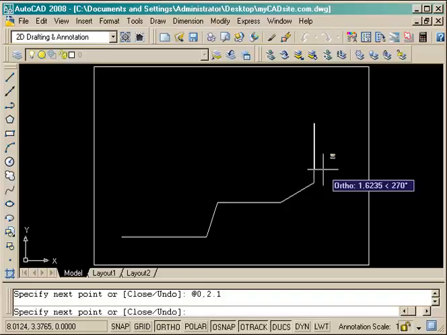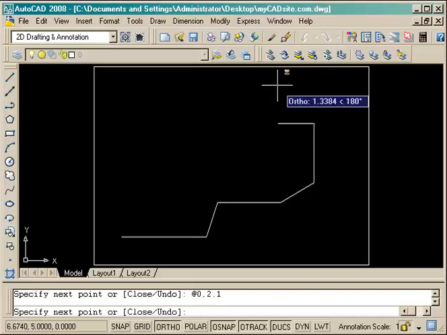Now for the next angle, I can start at the line I'm already at, which is at 270 degrees, and go around clockwise to 150. So if I take 270 minus 150, I'm going to be left with 120 degrees based off my 0 angle.